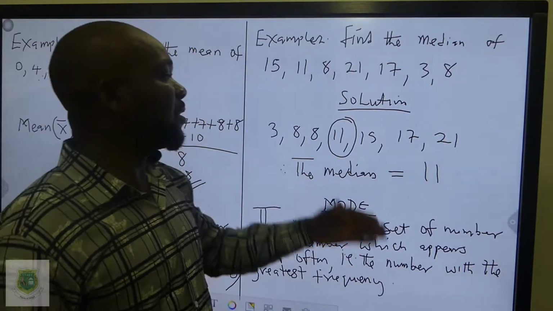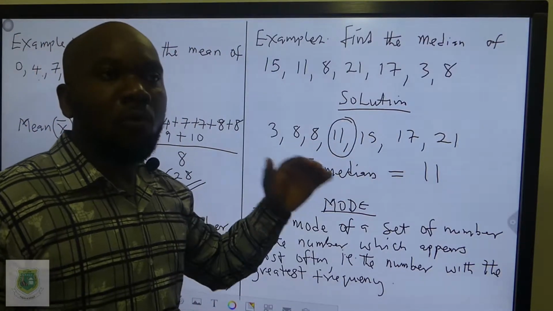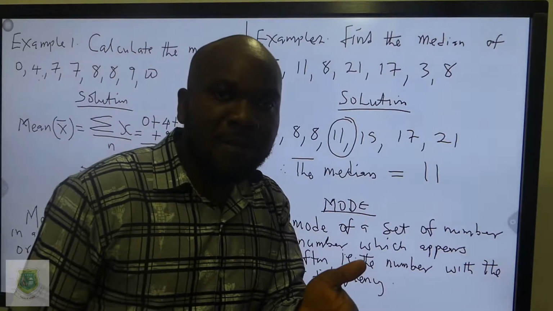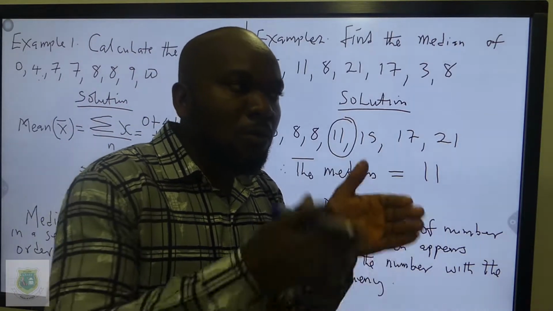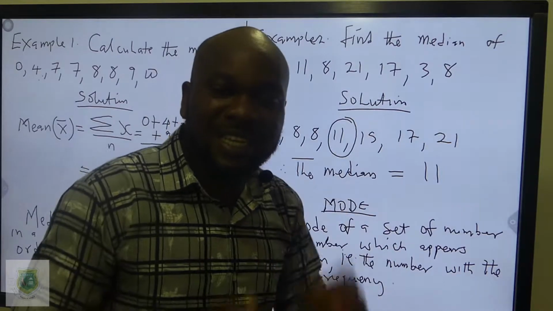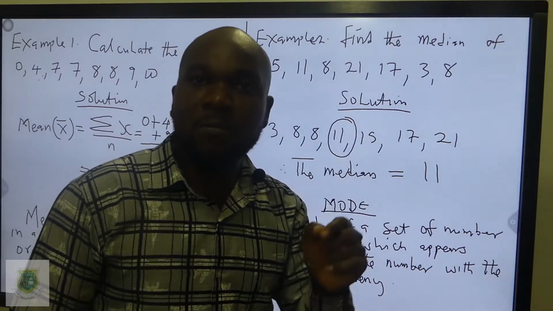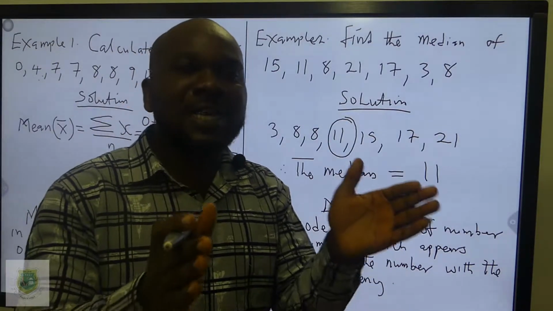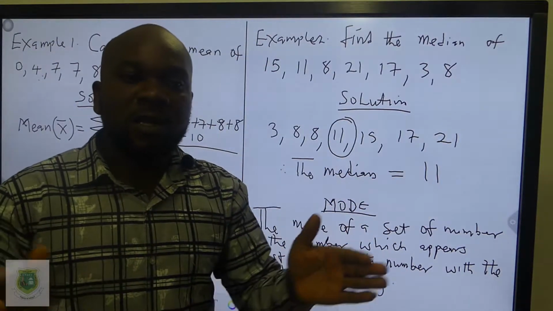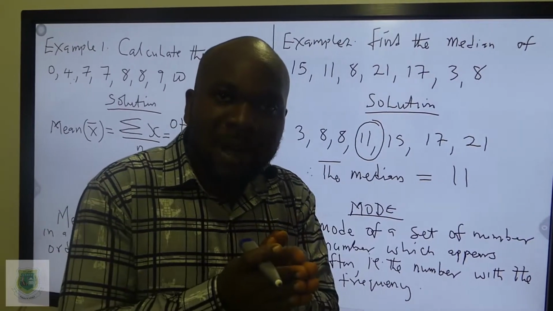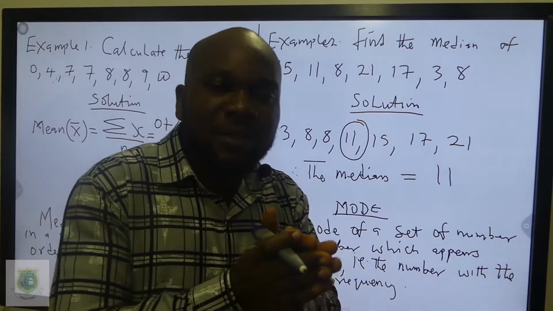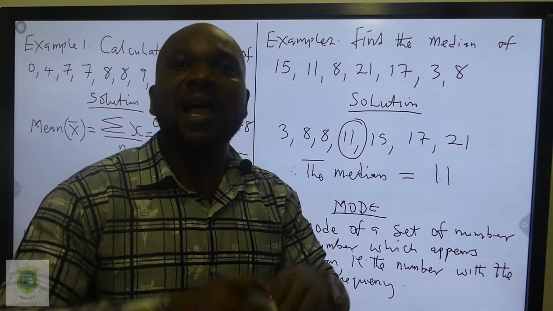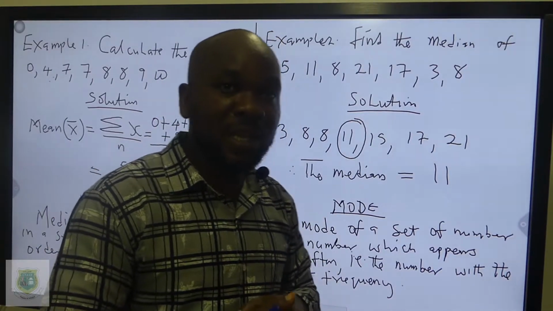There are 7 numbers, which is an odd number. One number must be at the center because it is an odd number. But when you have an even number, two numbers must be at the center. You add the two numbers together and divide by 2, taking the average of the two numbers at the center.